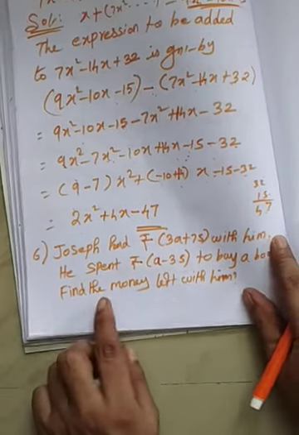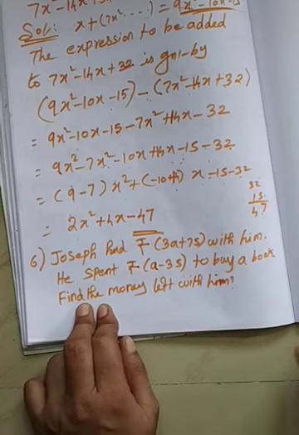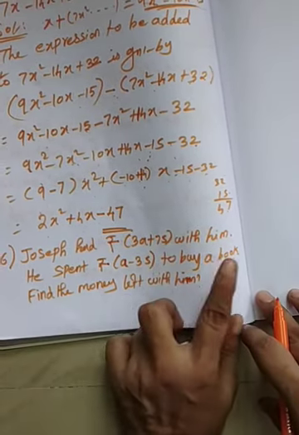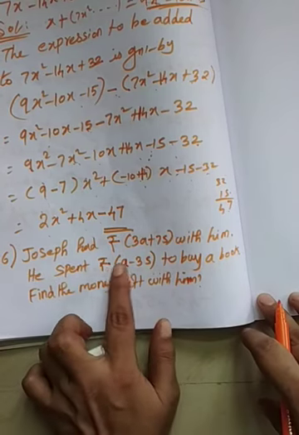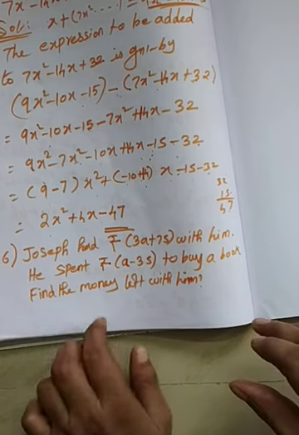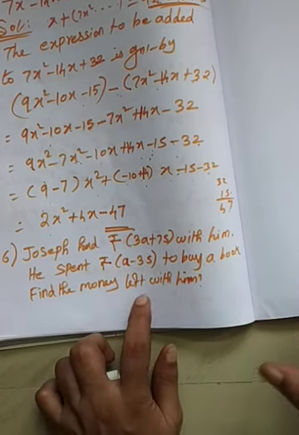Okay, see what the question is. Joseph had rupees 3a plus 75 with him. He spent rupees a minus 35 to buy a book. Then you have to find the money left with him.